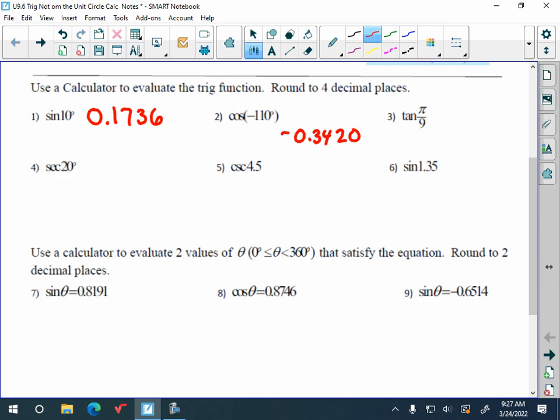All right, now number 3, tangent pi over 9. Pi over 9 is not a degree, it's a radian. So now you got to change modes on your calculator. Make sure you're in radian mode this time. You go to mode, find radian, and highlight it.